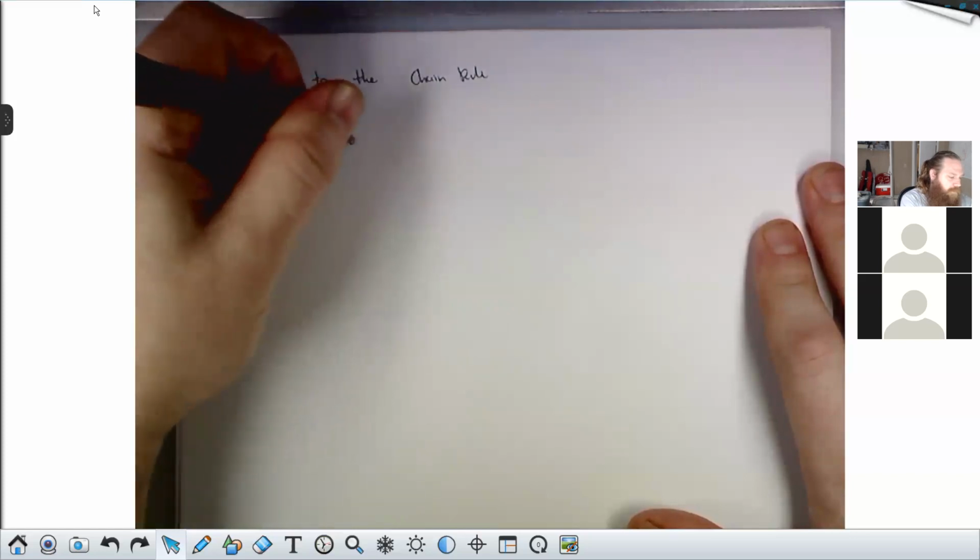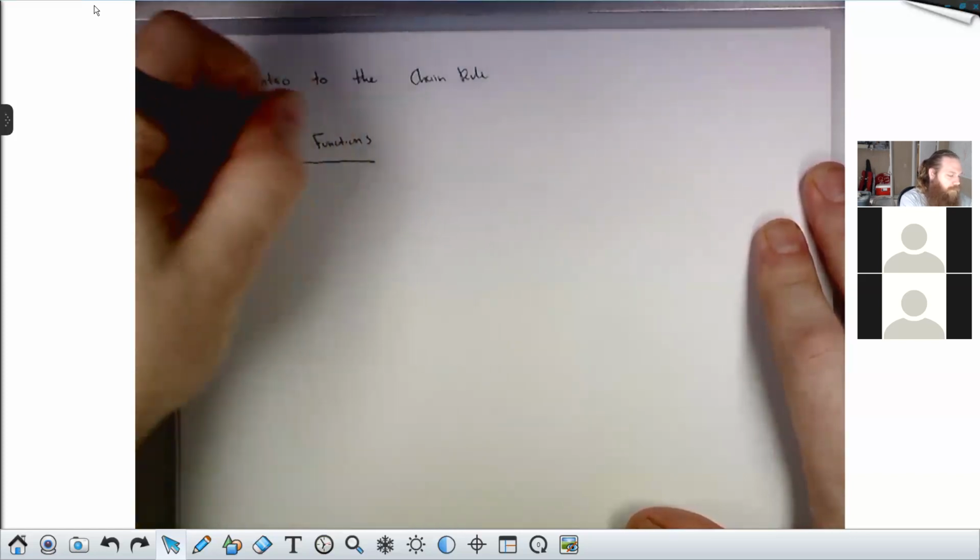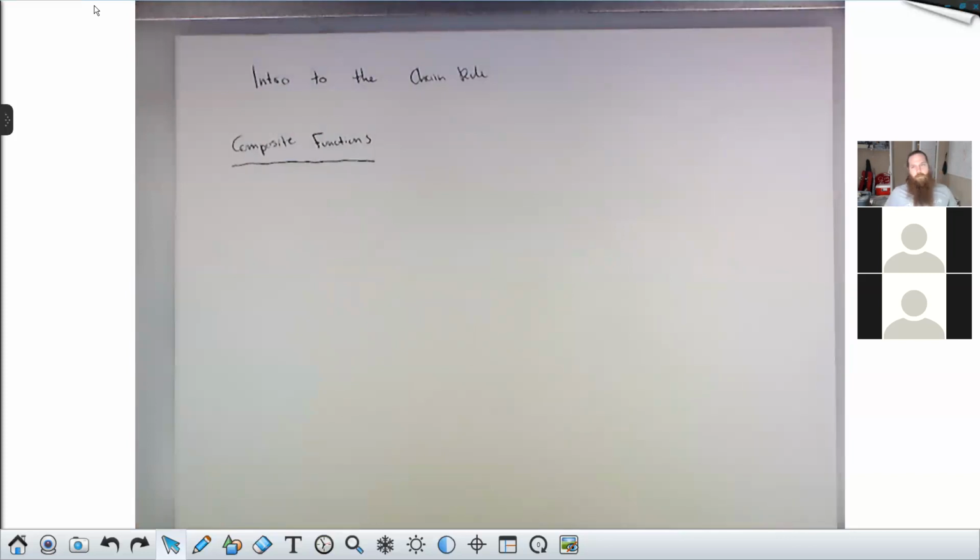Composite functions are functions made by shoving one function inside of another.